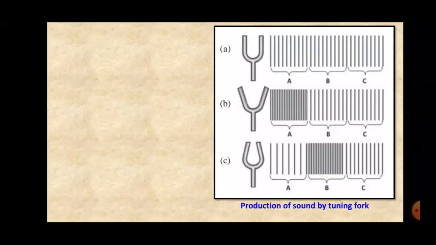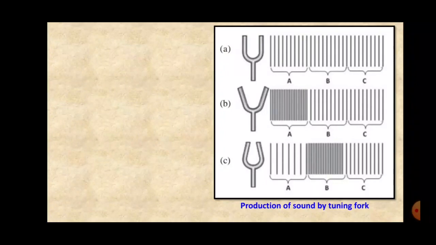So in the B picture, the A part is called compression, and in the C picture, the A part is called rarefaction. Rare means less. So the air columns are less when the prongs move inside, right?